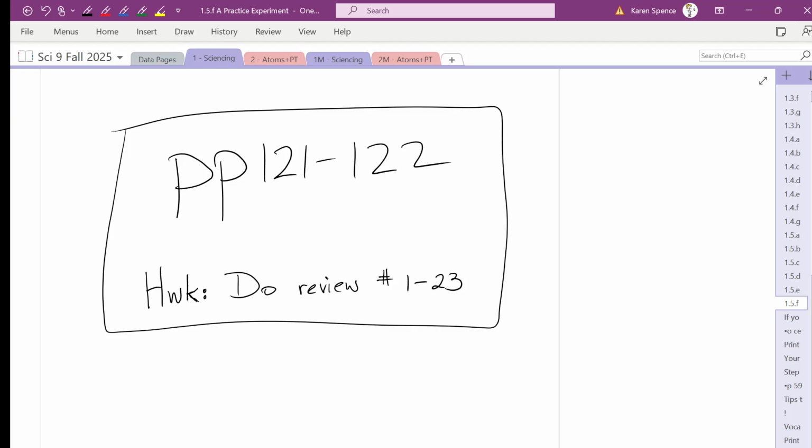It is pages 121, 122, homework due. What is changed? Okay, let's get rid of this. That's yesterday. What's changed? What is changed?